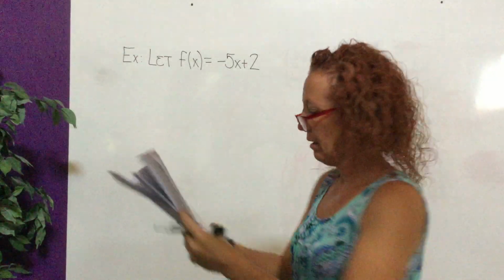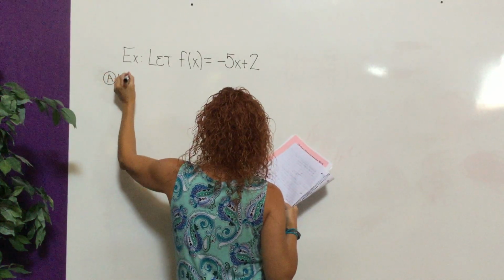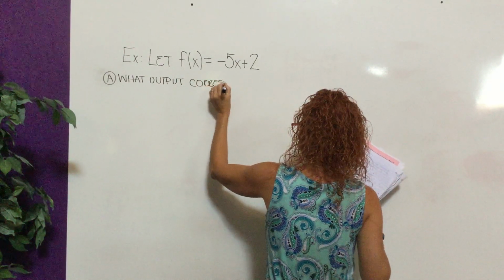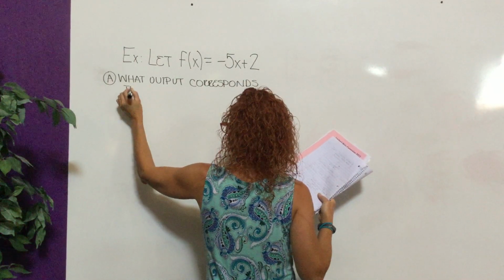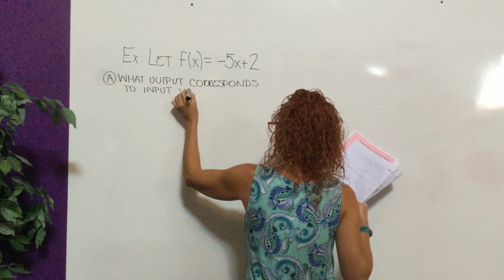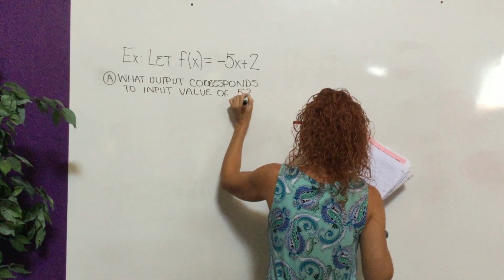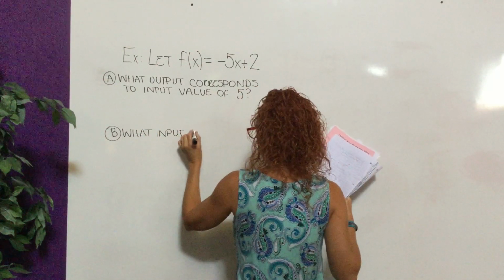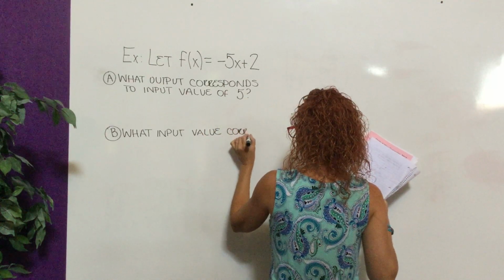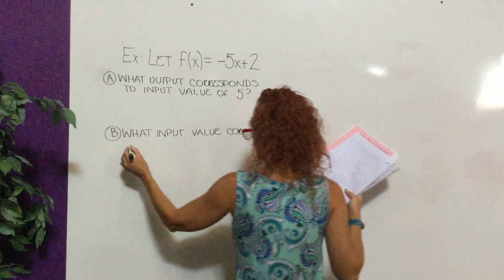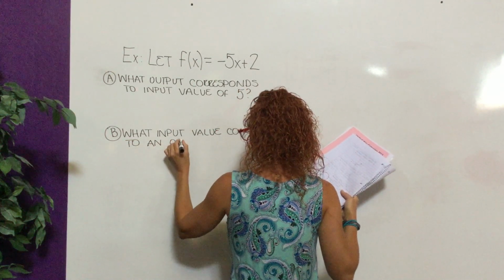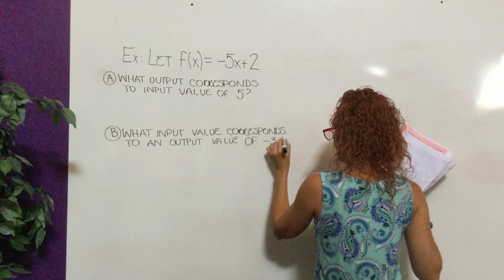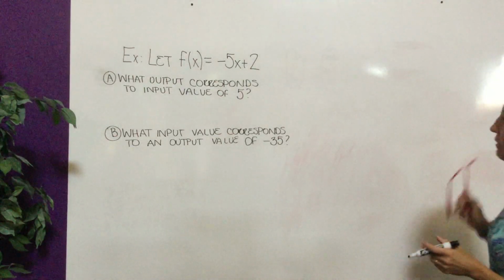And it might say two different things: what output corresponds to an input value of 5, and then what input value corresponds to an output value of minus 35. There are all these different ways to basically say the same thing. Okay, so how do we translate one that looks like this?